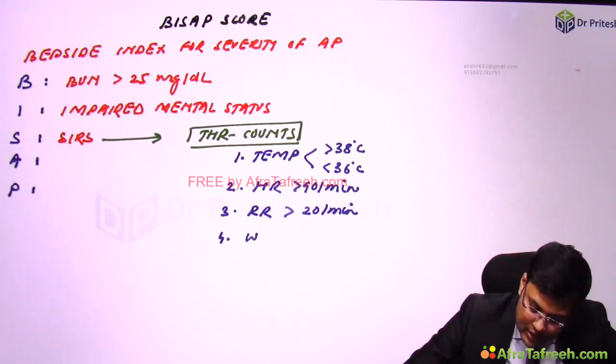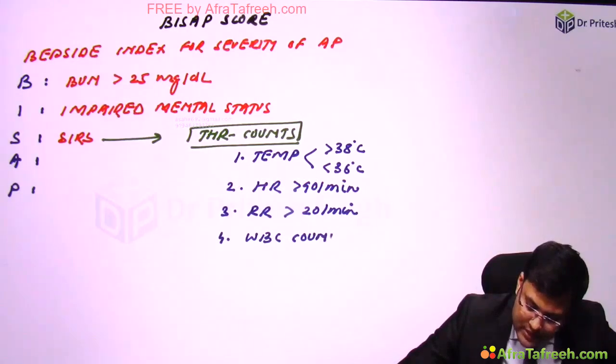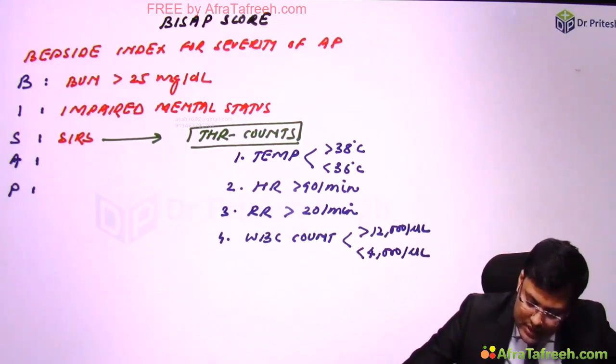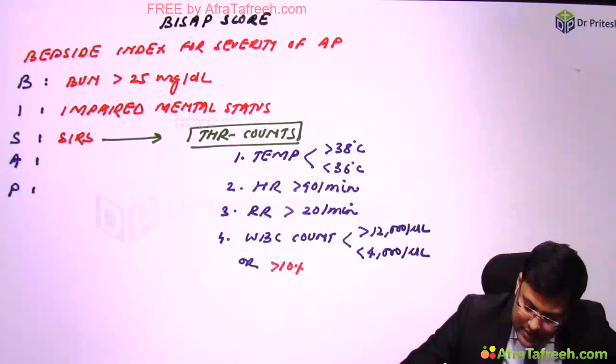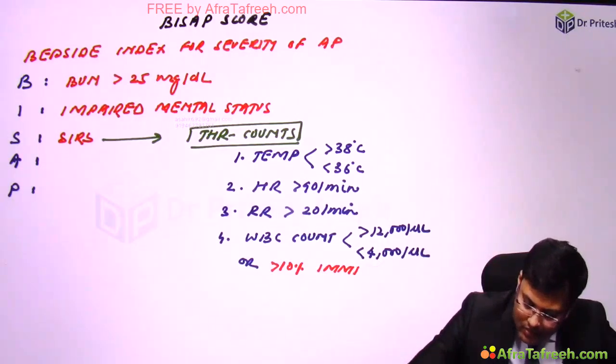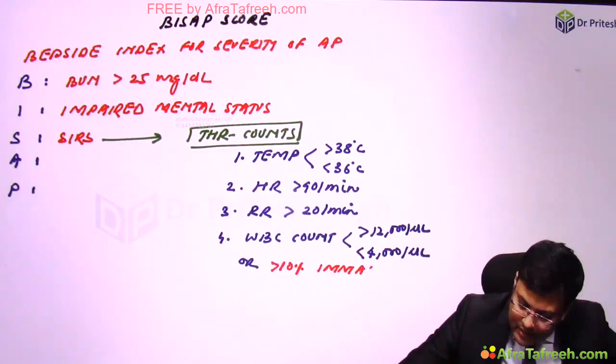And fourth, WBC count either more than 12,000 per microliter or less than 4,000 per microliter, or more than 10% immature cells in peripheral smear.